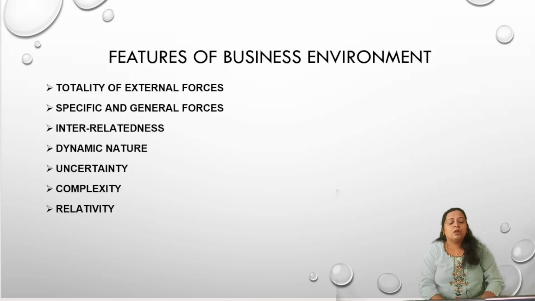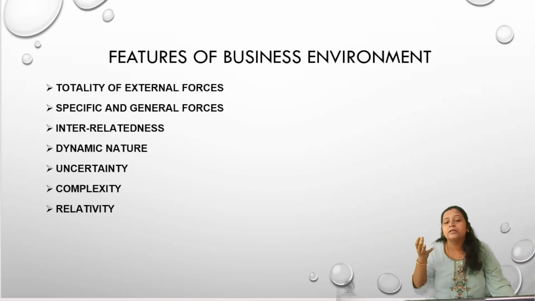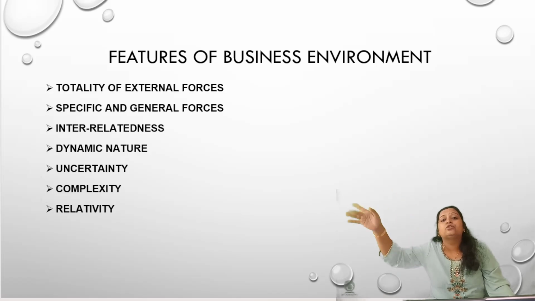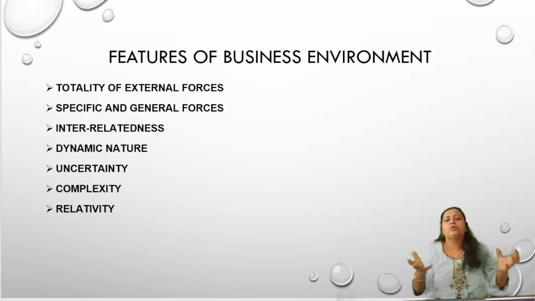Coming to the features of business environment, the first point is totality of external forces. External means outside your business. In the meaning itself we have studied that business environment includes all individuals, institutions and other forces that are outside the control of the business, external to the business. If it were internal, you could easily have controlled it and made the necessary changes.